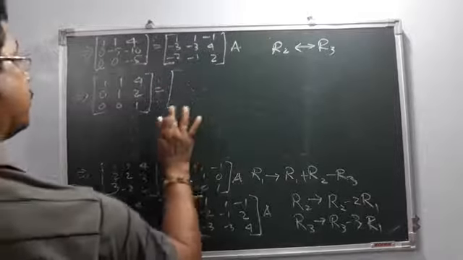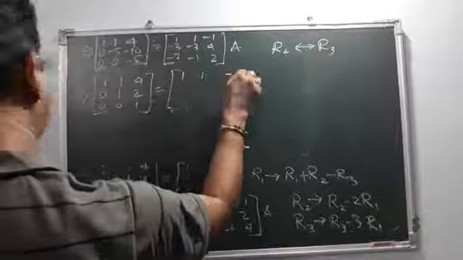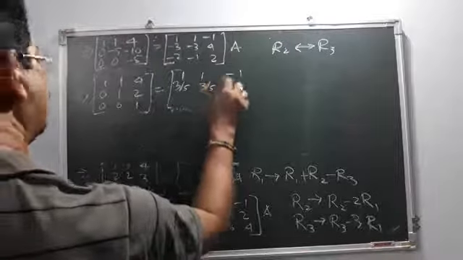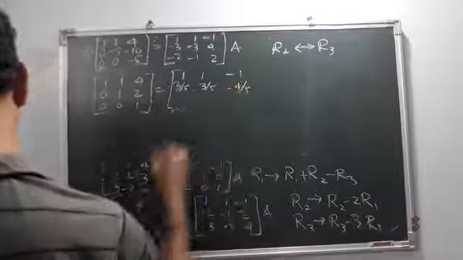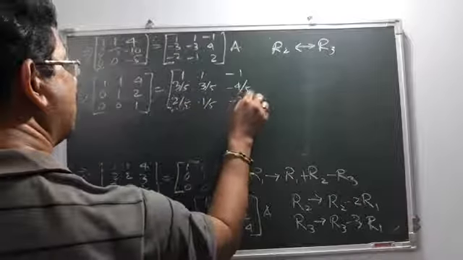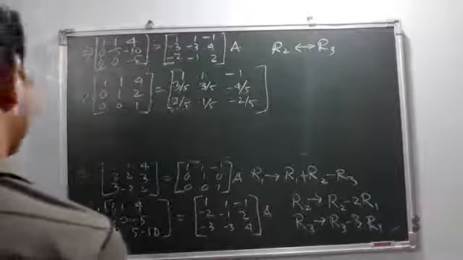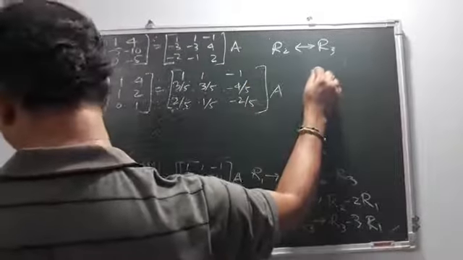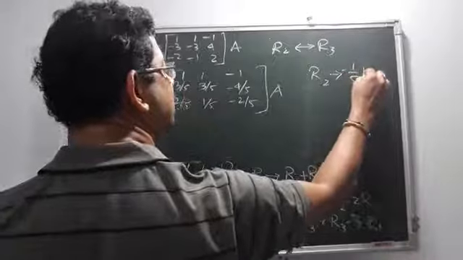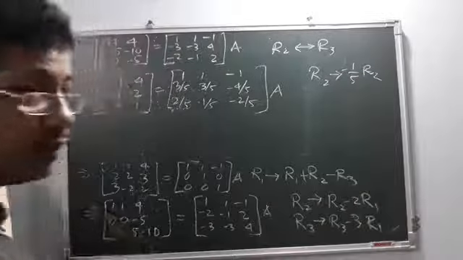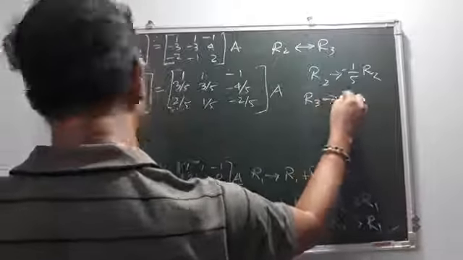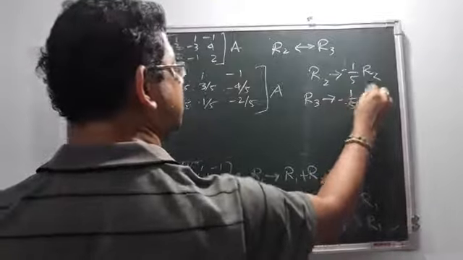This will be 1 1 -1, 3/5 3/5 -4/5, 2/5 1/5 -2/5, into A. Here the commands we have done: R2 is minus 1/5 of row 2, that is, old row 2 divided by minus 5, and row 3 is also written as minus 1/5 of row 3.